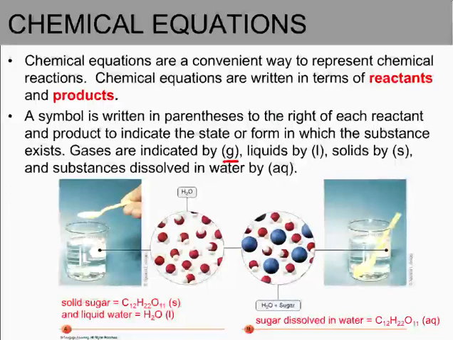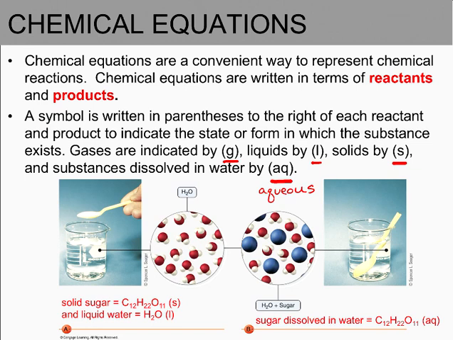If you have a liquid, you're going to represent that with a lowercase l in parentheses. If you have a solid, you're going to represent that with a lowercase s in parentheses. And then if you have a substance that's dissolved in water, you're going to indicate that by writing a lowercase aq in parentheses. And that stands for aqueous.